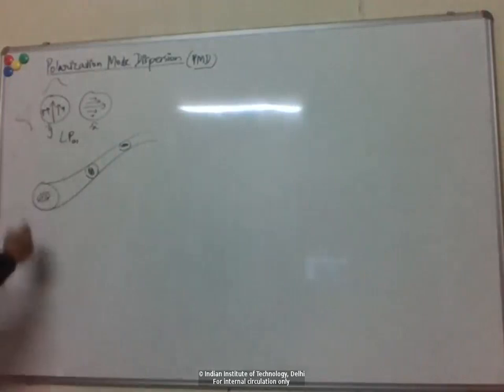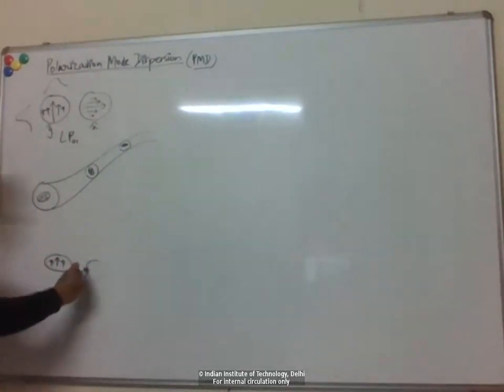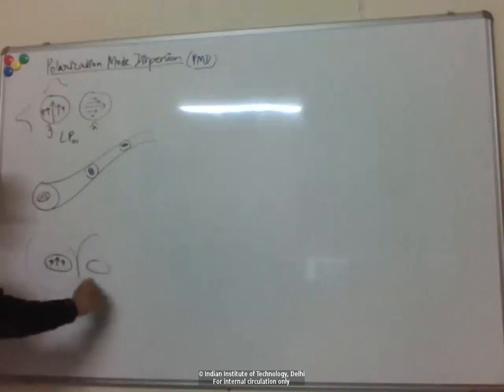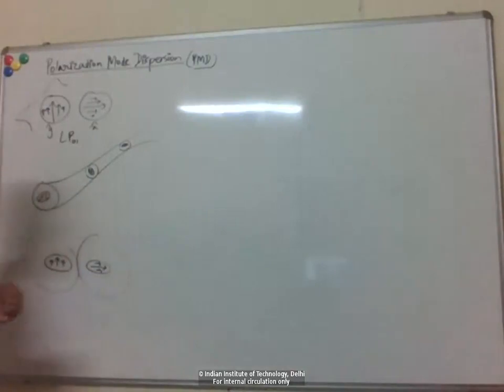And now, if you have a slightly elliptical core, and this is highly exaggerated, of course, there's a cladding around it, but these two polarization modes will not be degenerate anymore, because the boundary conditions will be different for these, and so the propagation constants will come out to be different.